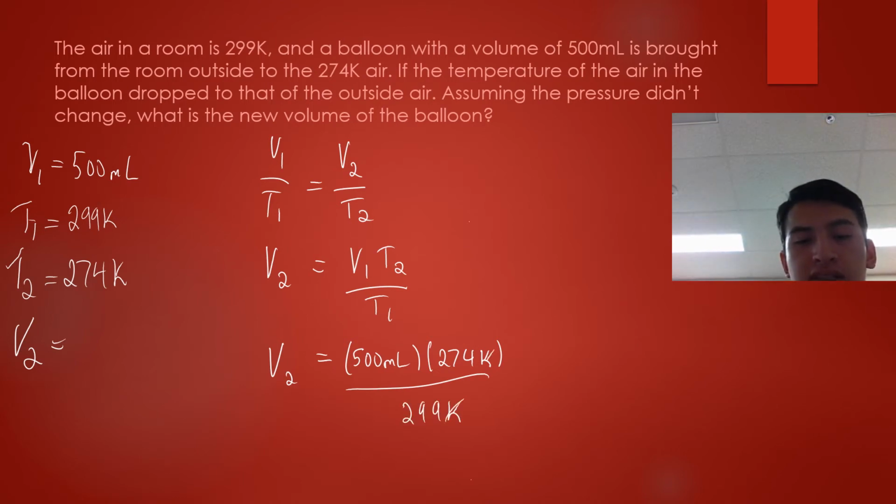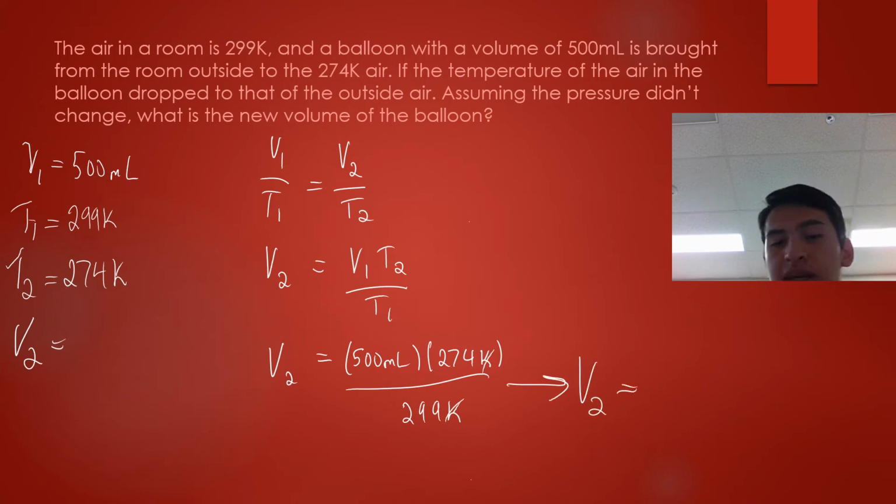The kelvins will cancel out. I'll put this onto my calculator and get a value of around 418.19 milliliters. There we go.